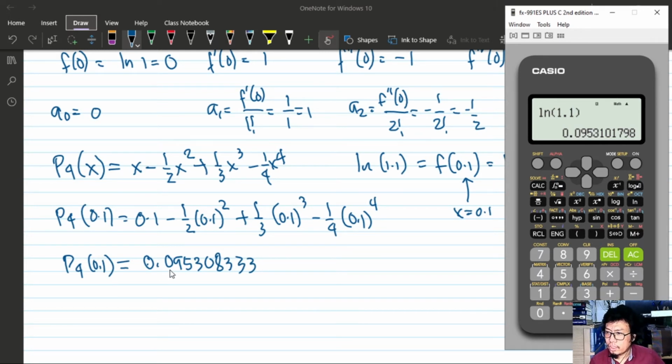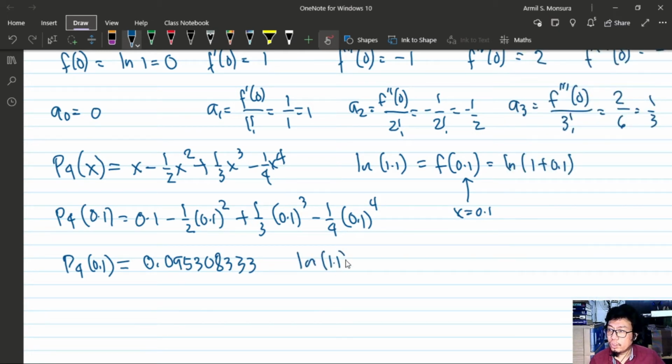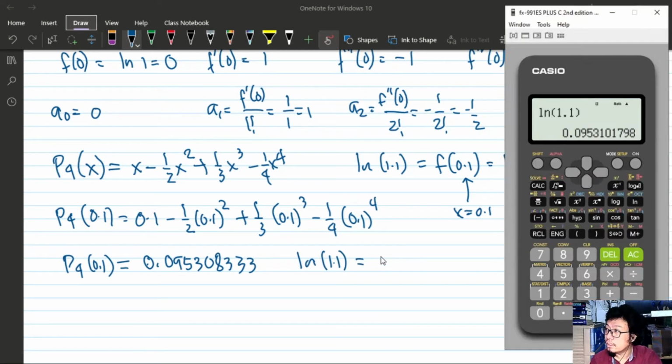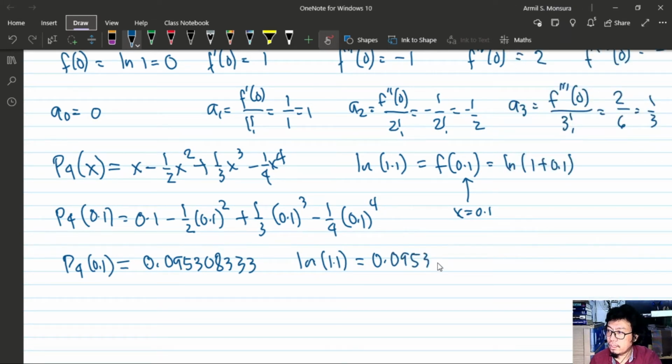So at least we were able to get 4 decimal places correct, 1, 2, 3, 4, for our approximating polynomial.